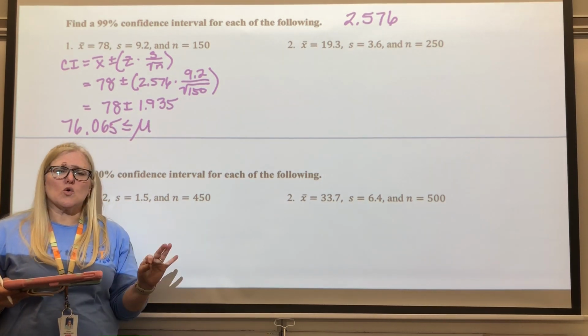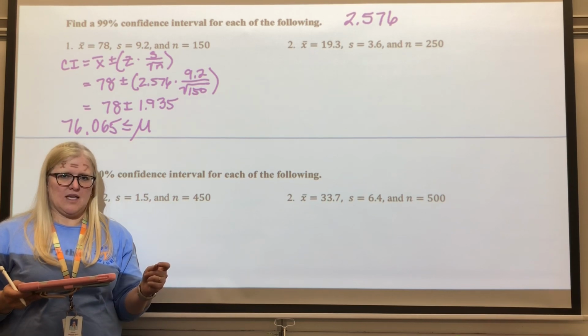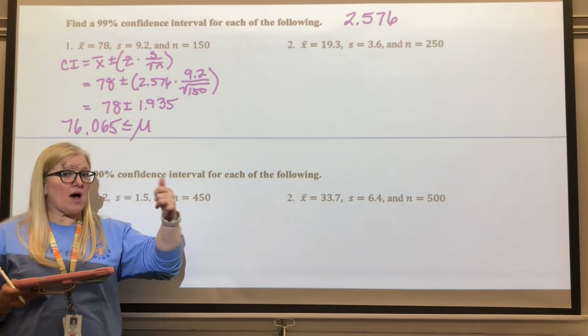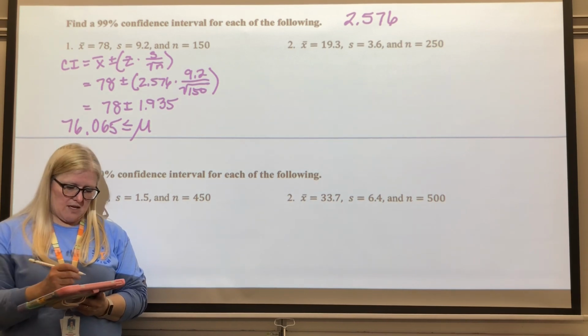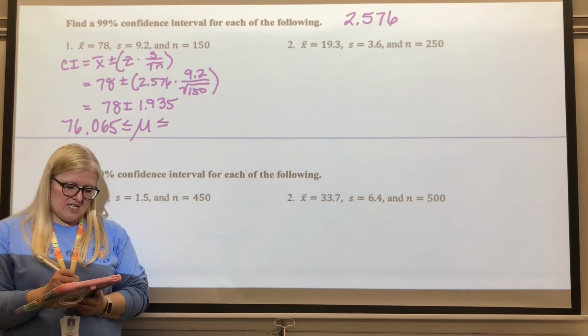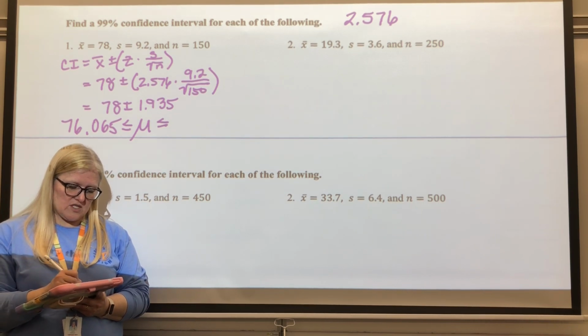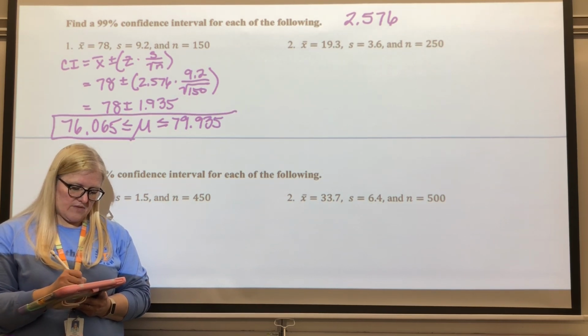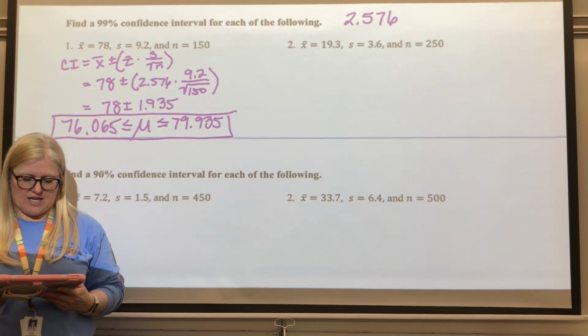Remember that mu is the population mean, and the population has the wiggle room. And then 78 plus 1.935 is 79.935. So technically this would be the correct interval form.